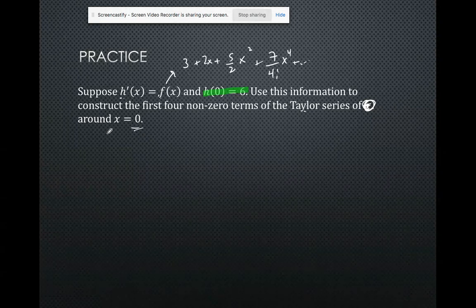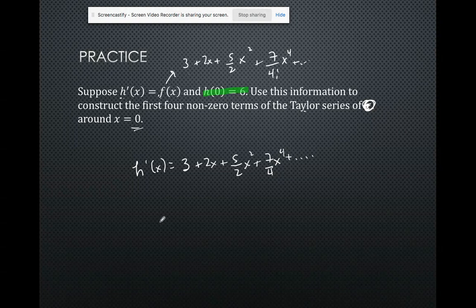Interesting, right? So I know that h prime of x is equal to 3, but I want h. If I have h prime, how do I get h?